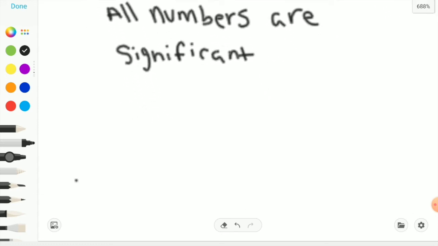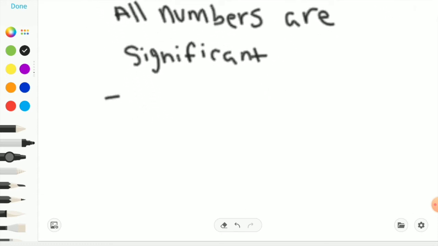So for example, if you had 5.6000, even if this wasn't in scientific notation, everything is still significant because it's a decimal number, and these zeros are after a decimal and a significant number.